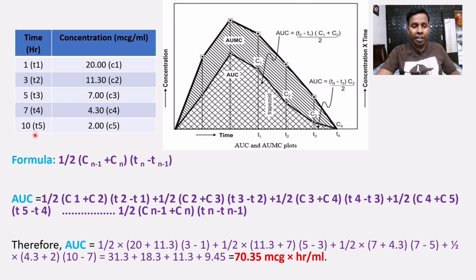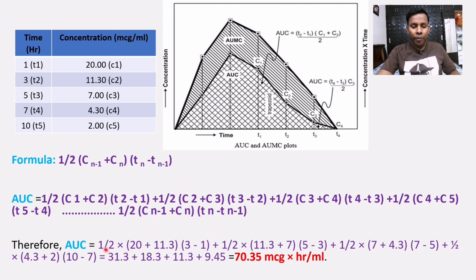So here T2 is 3 and T1 is 1. So the formula is C1 plus C2 into T2 minus T1. In place of C1 here I have written 20. C1 is 20, then C2 is 11.3. Then T2 is 3 and T1 is 1.